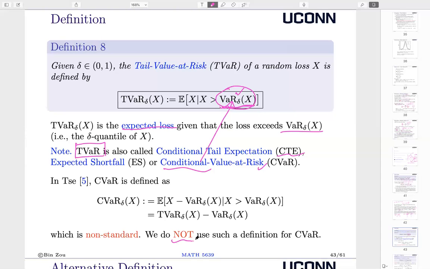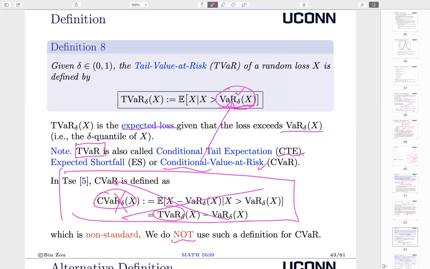That's why I put that we do not use this. So this is the only time you see this. I will never use this again. I simply want to emphasize this because usually people treat these as the same. Okay, it's not the difference. I have never seen the difference other than in this book. So please do not use this definition. Cross it out. Okay.